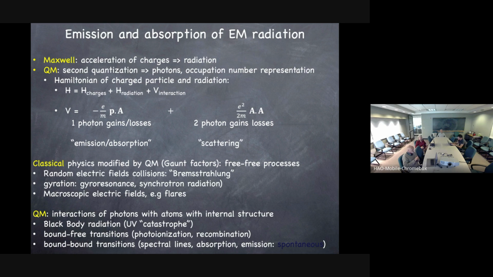In the pedagogical approach I was introduced to at college, when you write down the Hamiltonian, the interaction term boils down to two terms. One is the photon gains and losses due to the interaction of the momentum operator and the vector potential of the radiation.